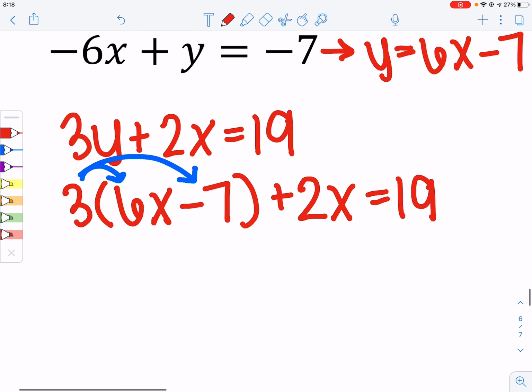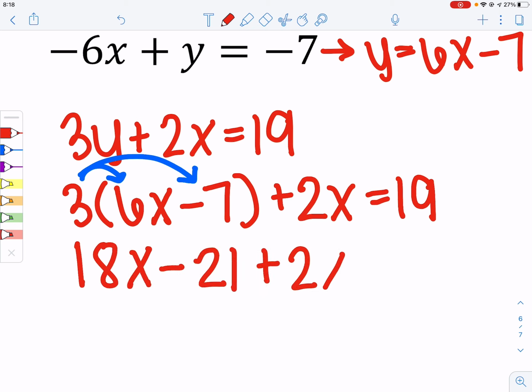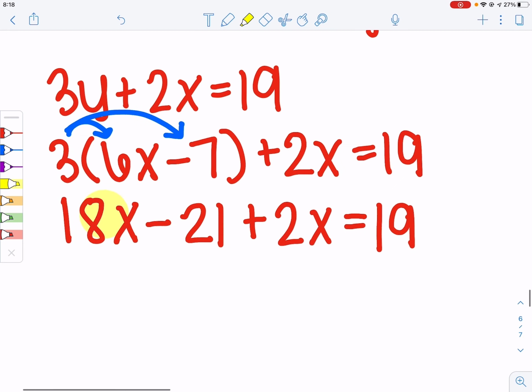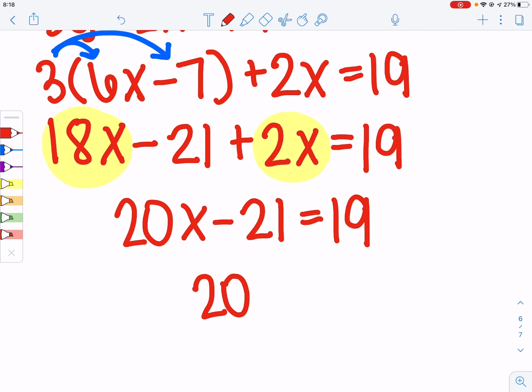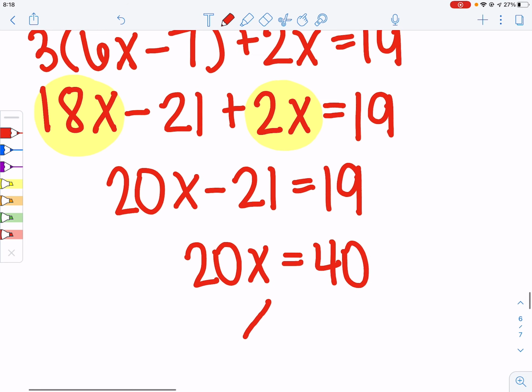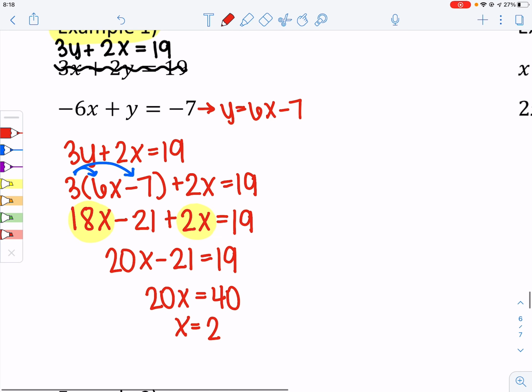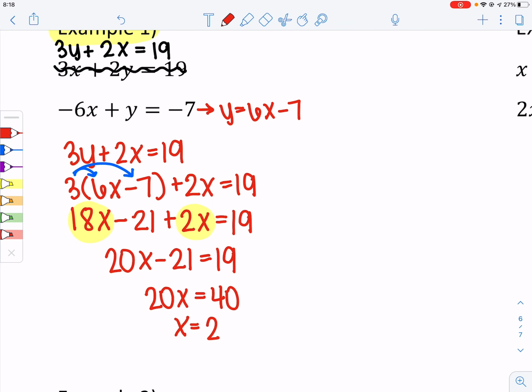So I have 18x minus 21 plus 2x equals 19. Combine your like terms. So you have 20x minus 21 equals 19. Add 21 on both sides. Divide by 20. And 40 divided by 20 gives us 2. All right, so I know that x equals 2.